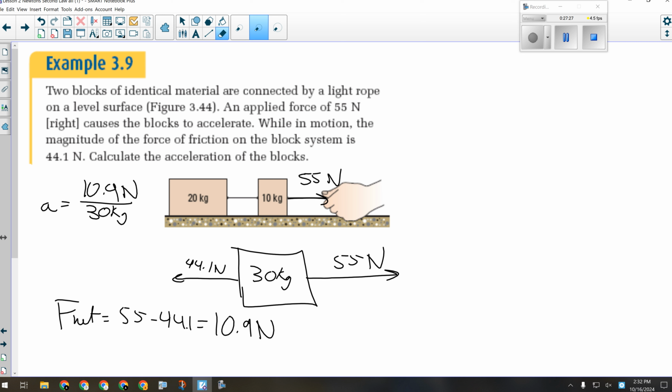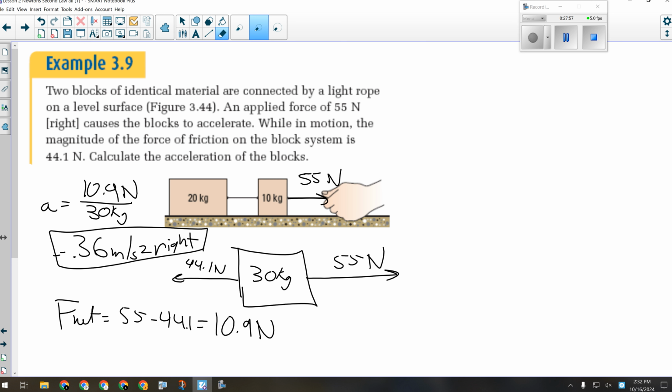It's a system. I find the acceleration of the system by dividing by the mass of the system. So that should come out to about 0.36 meters per second squared to the right. Everybody okay with that? All right.